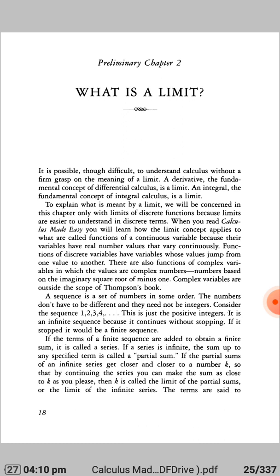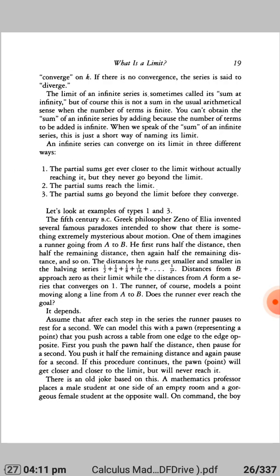If the partial sums of an infinite series get closer and closer to a number k, so that as you continue the series, you can make the sum as close to k as you please, then k is called the limit of the partial sums, or the limit of the infinite series. The series is said to be convergent to k. If there is no convergence, the series is said to be divergent.